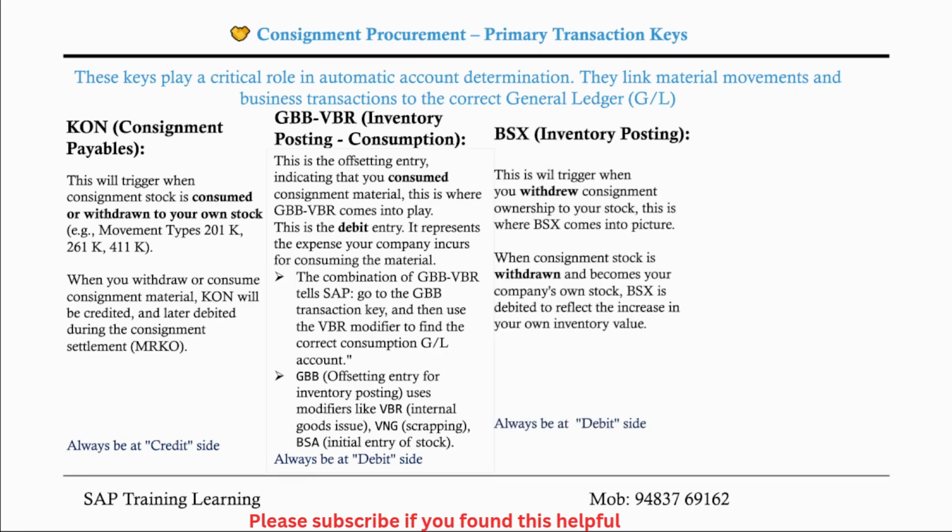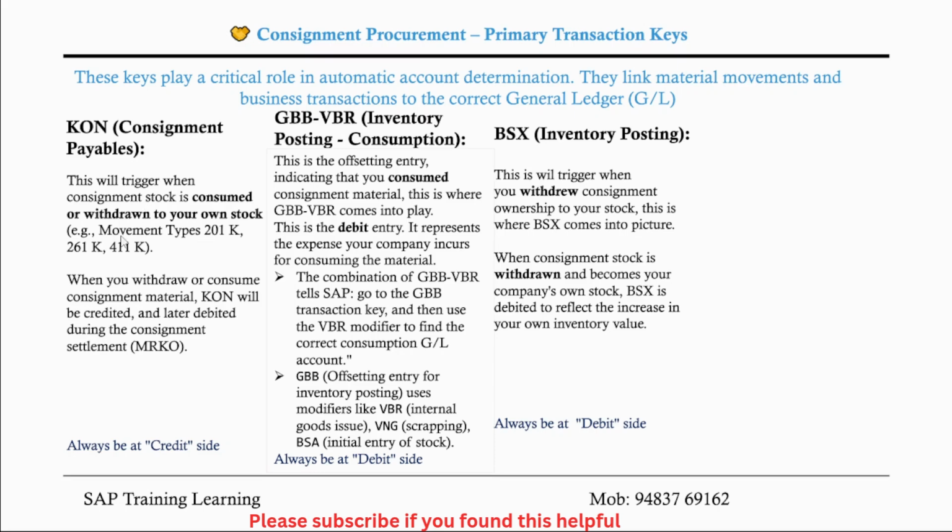The third one is the BSX inventory account. Here we have the second scenario, where you are using this consignment stock and changing the ownership to your stock. It is becoming your stock, which means your own inventory is increasing. In this case, the BSX account will be triggered.